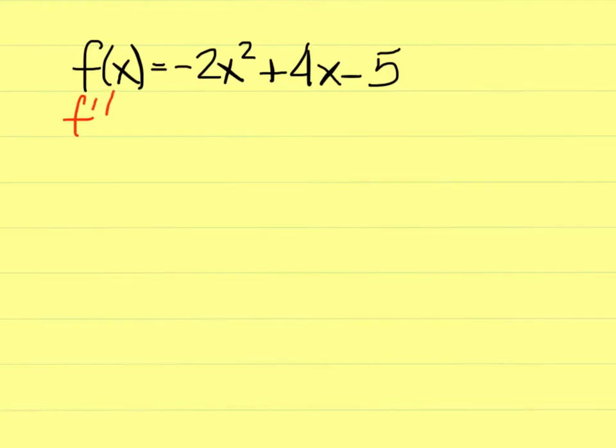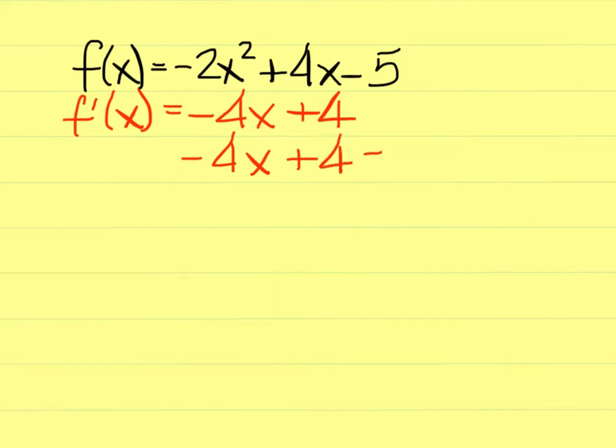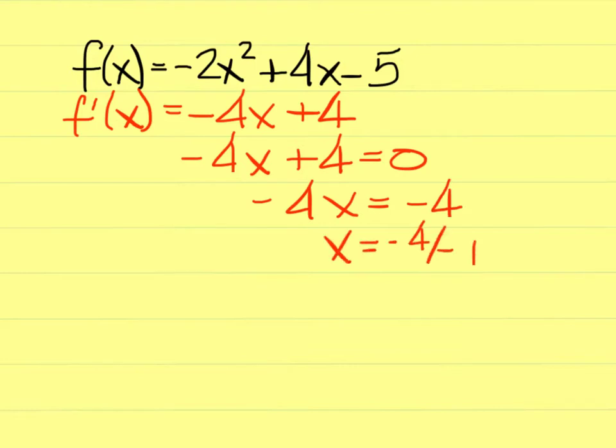Find the first derivative, and that is going to be -4x plus 4. Once you find the first derivative, you must set that equal to 0 and solve. Move the 4 to the right and divide -4 by -4 to get an x value of 1.